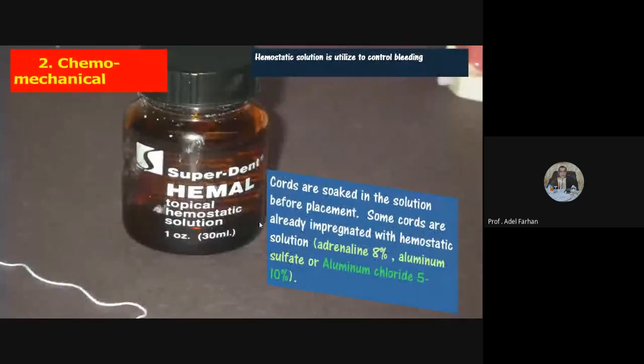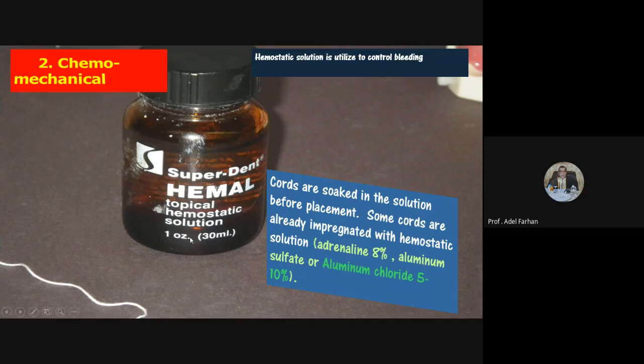الكيموميكانيكال اكشن. طبعا الكيموميكانيكال مثل ما قلنا عندنا بلين كورد زين او impregnated cord. When you soak the cord in a solution اللي هو most of the time vasoconstrictor, it's going to give us a chemomechanical action. Mechanical action is by force, mechanical force. The cord expands physically.